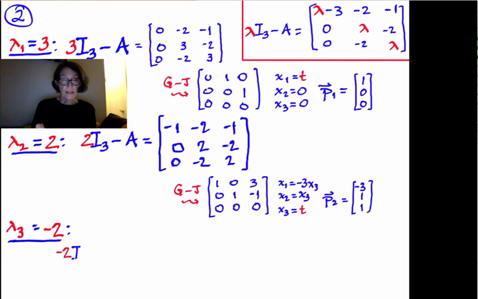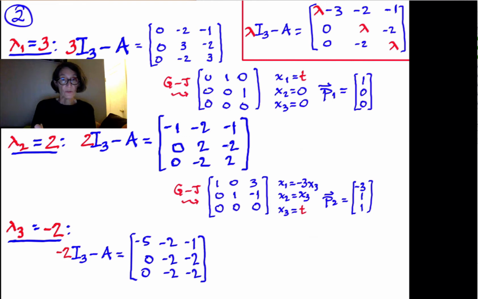So for the last eigenvector, we'll find the null space of the matrix -2I3 minus A. And that matrix is -2 minus 3, which is -5, -2, -1, 0, -2, -2, 0, -2, -2.